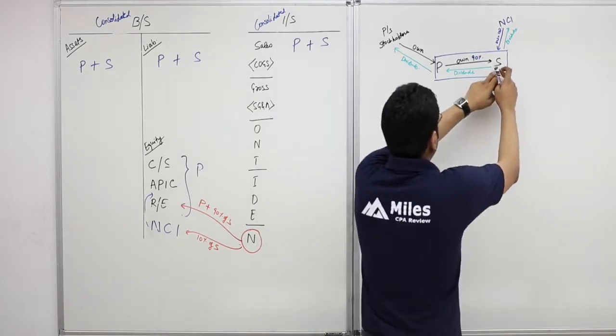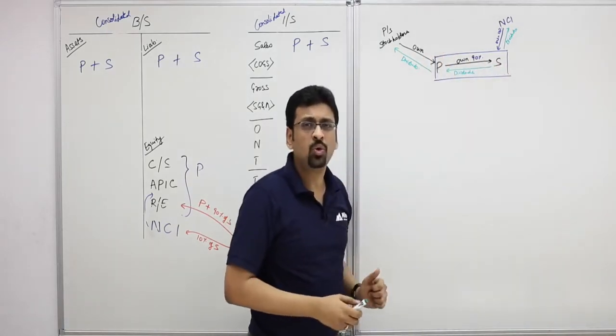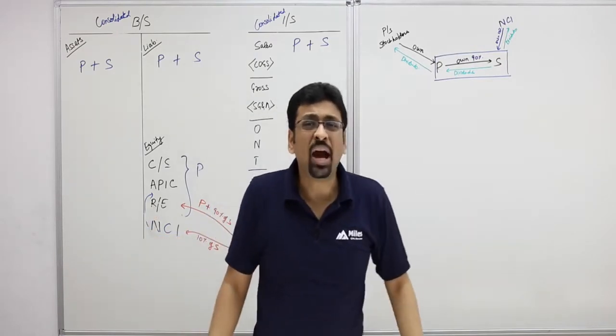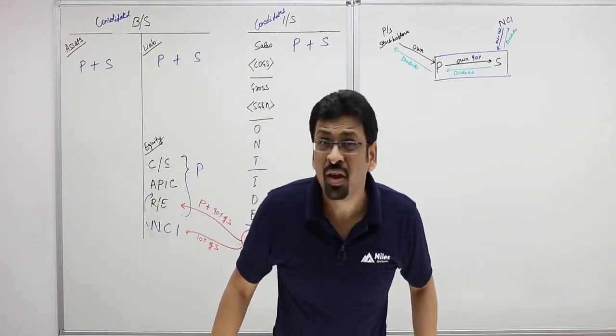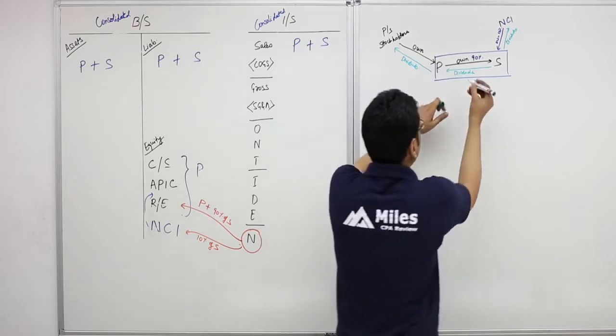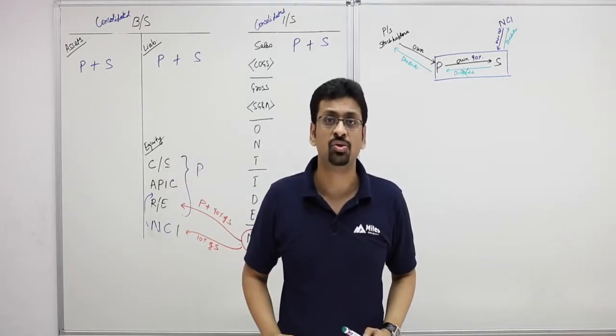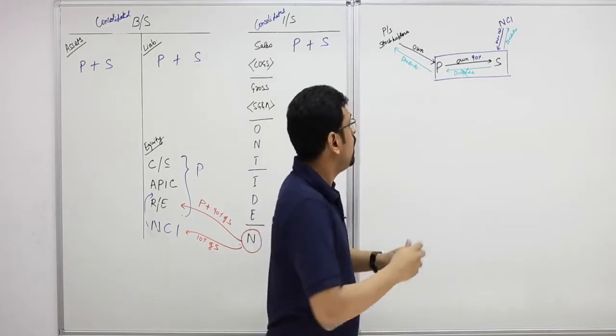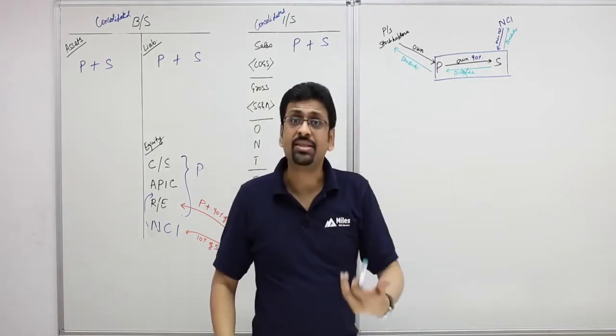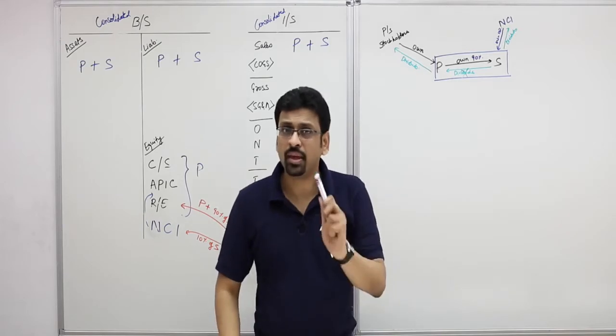How about the dividends which the subsidiary has paid out to the parent? Can you pay out dividends to yourself? No, you can't. So this one needs to be eliminated when you're consolidating the financials. And it actually gets eliminated automatically. Think about it.